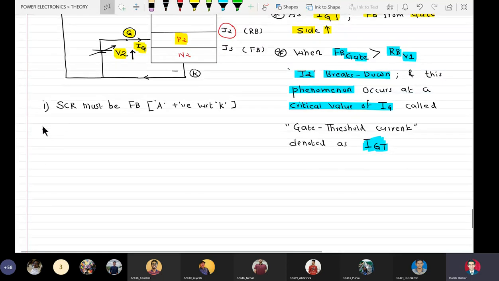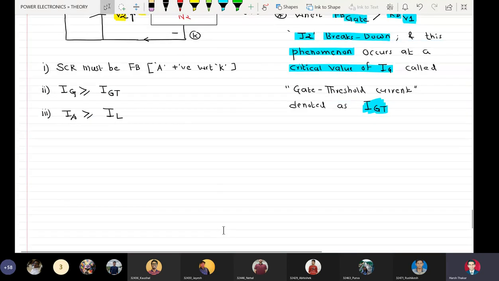Second condition is the gate current which is applied should be greater than or equal to a critical value called gate threshold current. And third thing, even if the junction J2 breaks down, then the current flowing through device IA should be greater than or equal to another critical value called as latching current IL. Okay, so these three are the necessary and sufficient conditions for latching an SCR in the presence of gate drives.